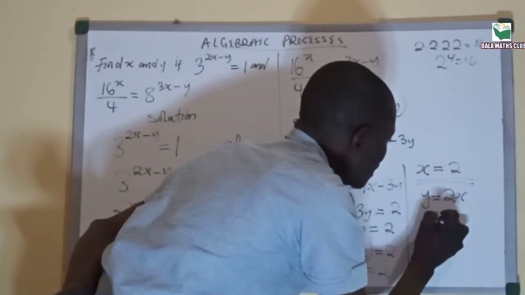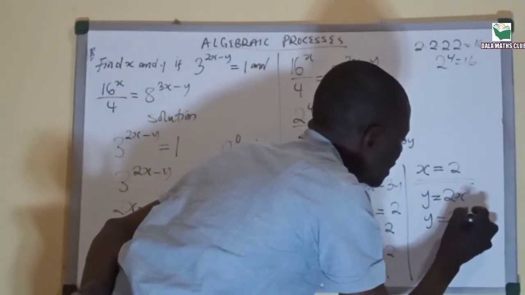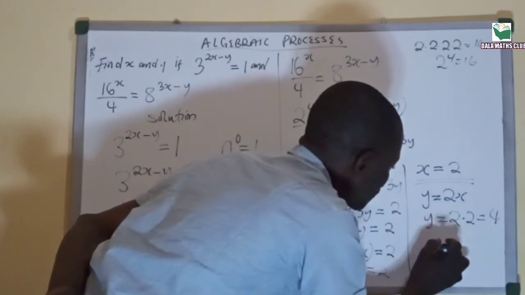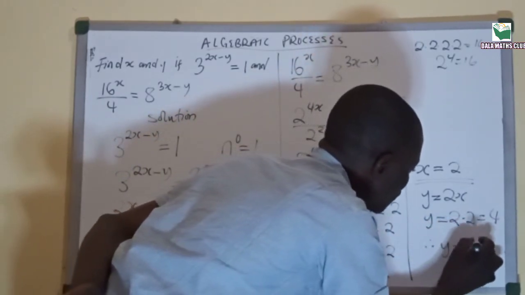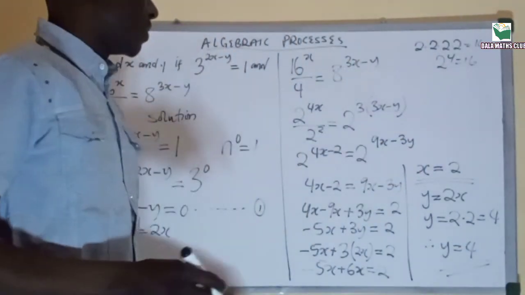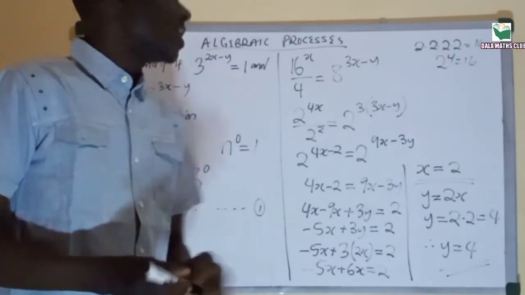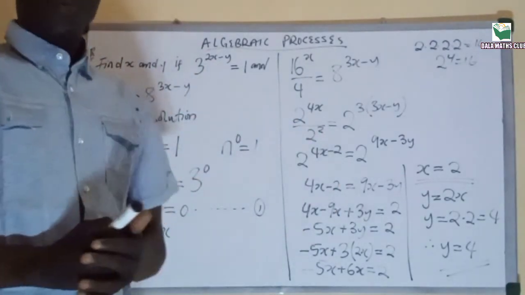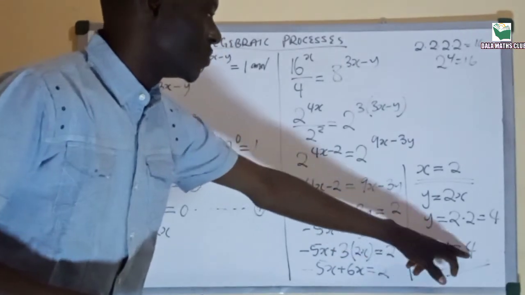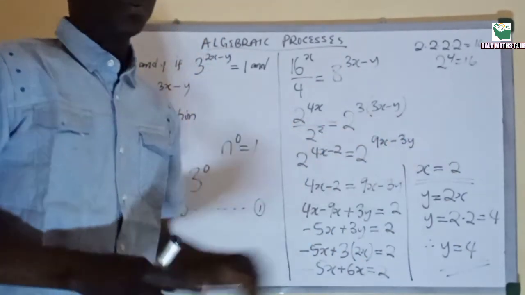So y is equal to 2 times 2, which is equal to 4. Therefore y is equal to 4. So we have now found x and y: y is equal to 4 and x is equal to 2.